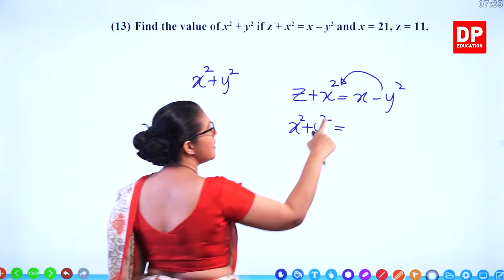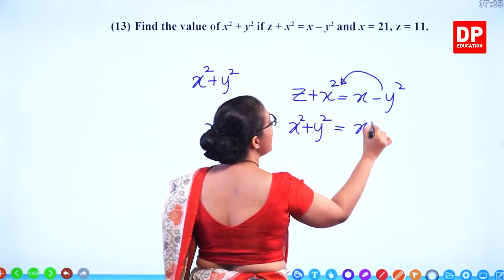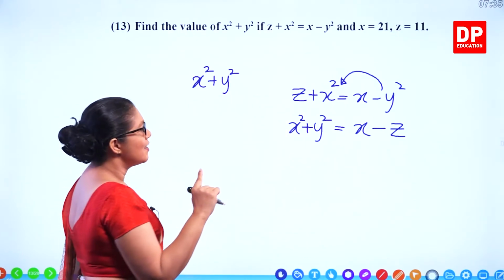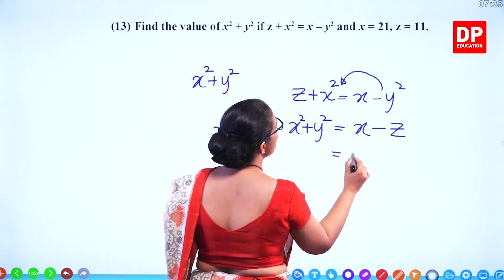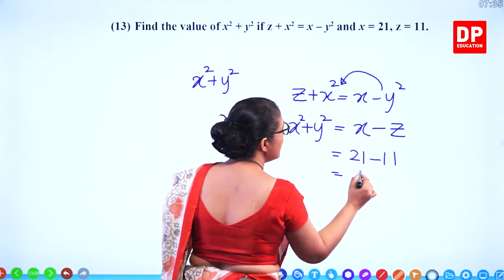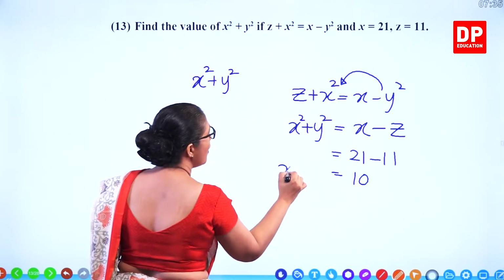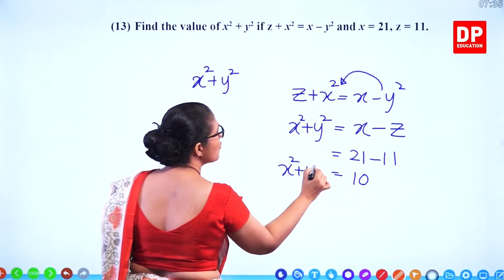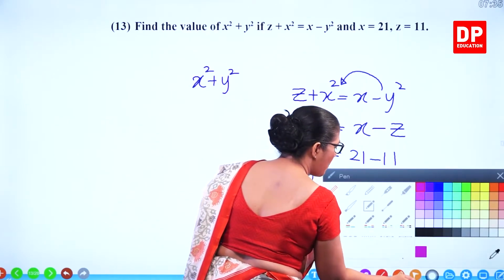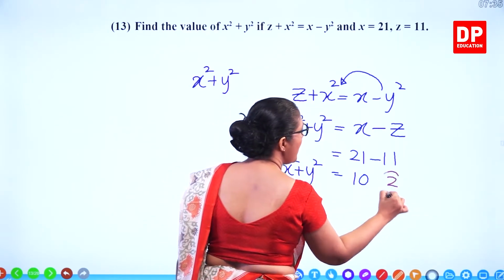What's the other side? x minus z. So easily you can find it using this. So we will substitute x is 21, z is 11. So what's the total? You get 10 for x squared plus y squared. So you don't need to find the values separately. So 2 marks for that.